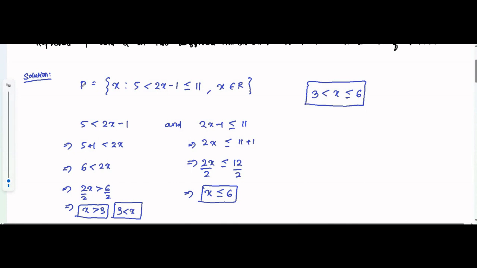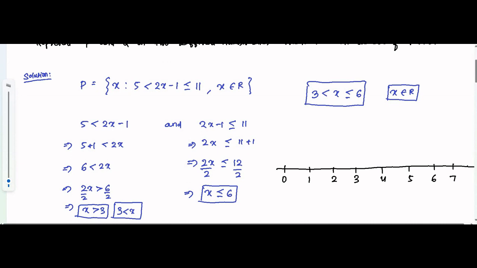So if we plot it on the number line, we draw the number line first again, and x belongs to real numbers. This is very important. X belongs to real numbers. So if we draw the number line, we have, let's say, 0, 1, 2, 3, 4, 5, 6, 7, and so on, like this.